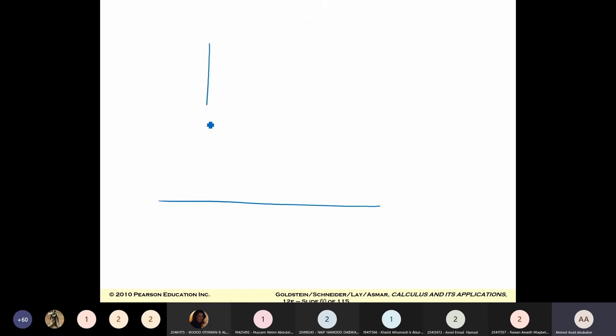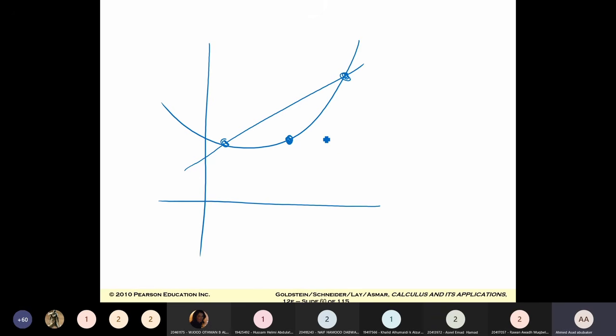Now, if we have the curve like this, and this is the point, we need to find the slope or derivative at this point, and also we have 2 points here, neighbors. The distance between the 2 points equals h.